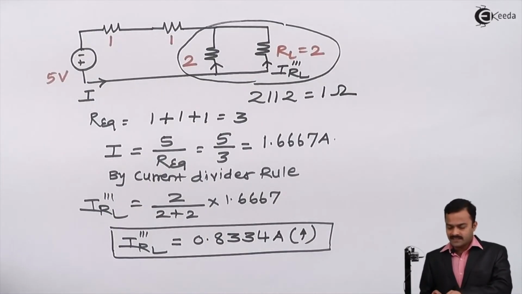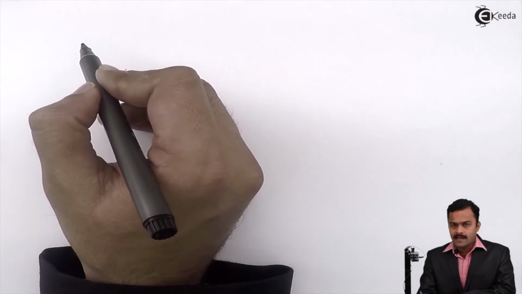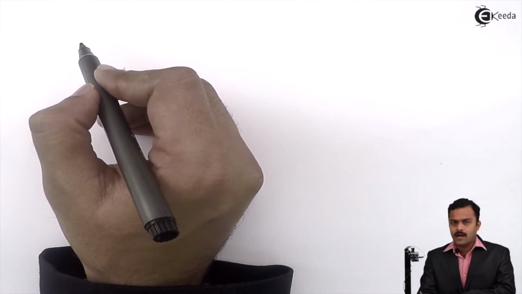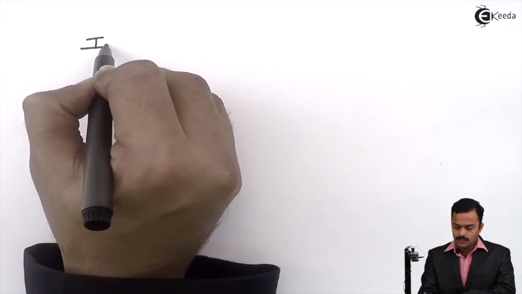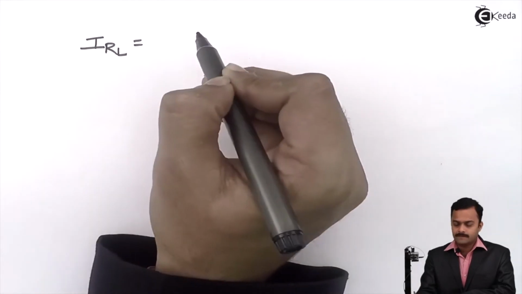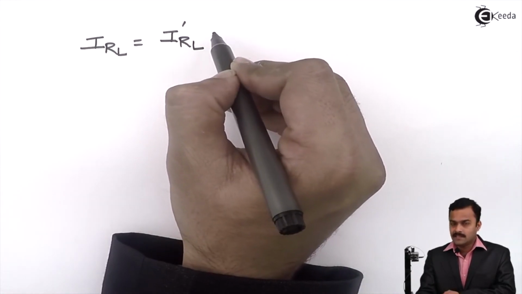Here we are getting three answers: IRL dash, IRL double dash, and IRL triple dash. Having current directions, for IRL dash it is downward, and for IRL double dash it is upward, IRL triple dash it is also upward. So total current IRL will be the algebraic sum.